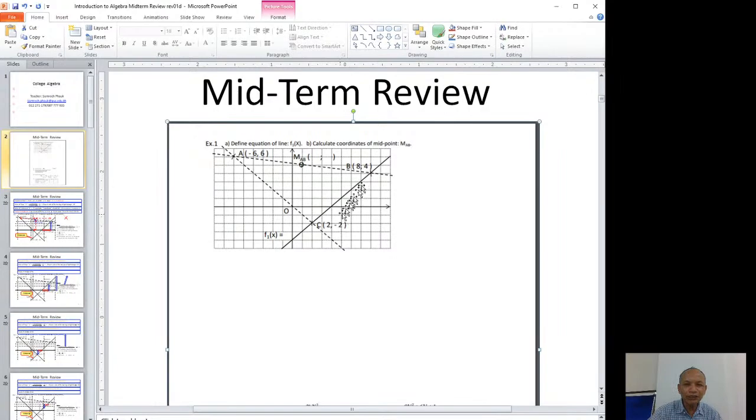Coordinate of each point. Look at this one, C: x equals the x coordinate of C. It is 1 step to the right, 2 steps to the right, okay, and then going down, 1 step down, 2 steps down.